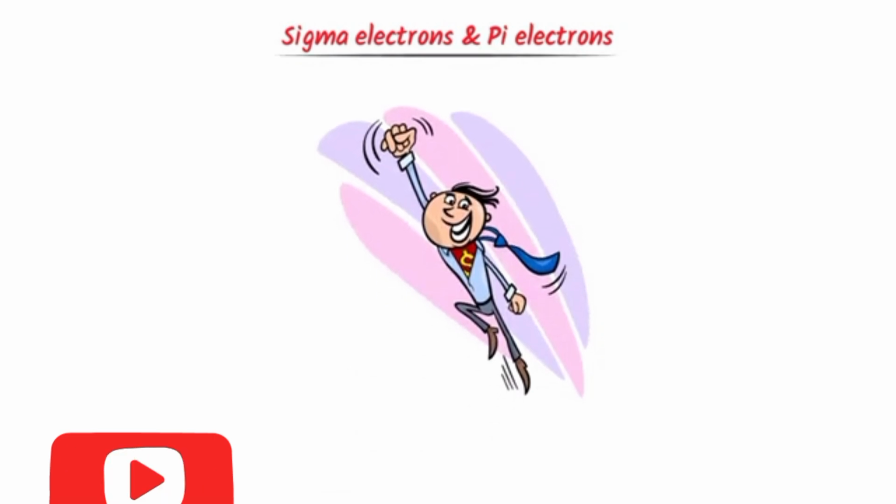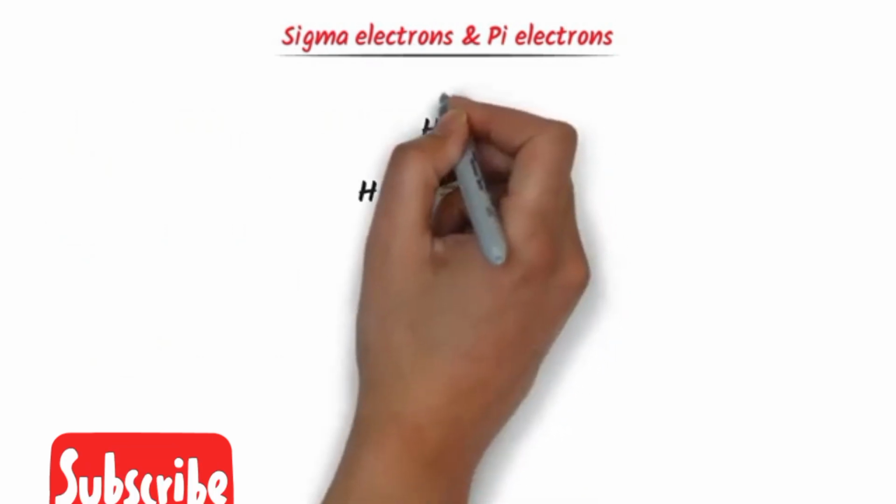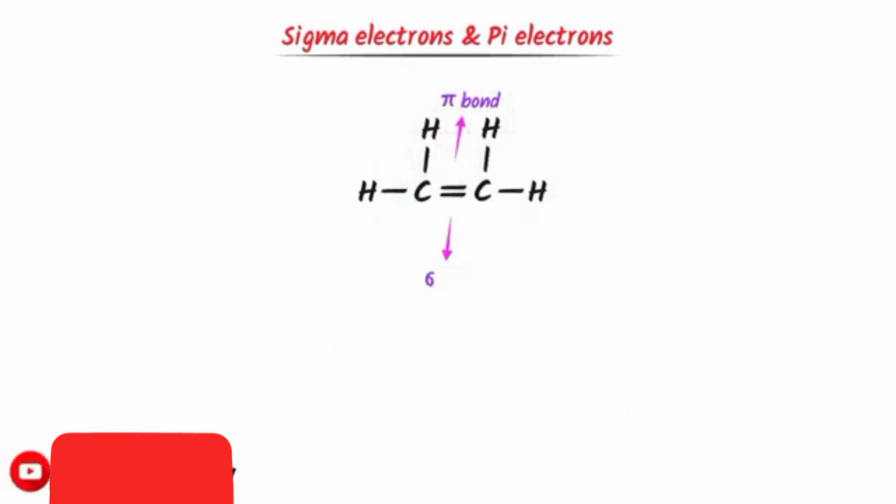Firstly, I will teach you the concept of sigma electrons and pi electrons. Without learning some of these basic concepts, you will not be able to learn hyperconjugation. Now consider the organic compound. We know that in a double bond there is one sigma bond and one pi bond.